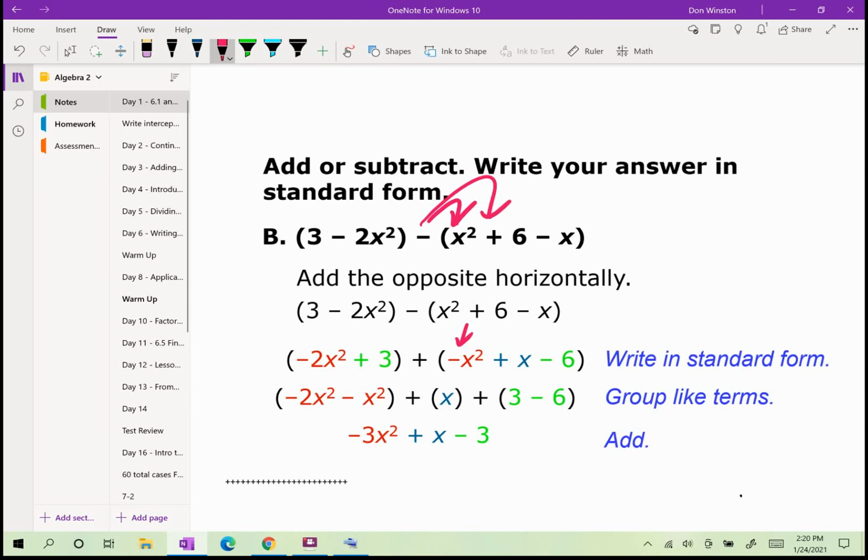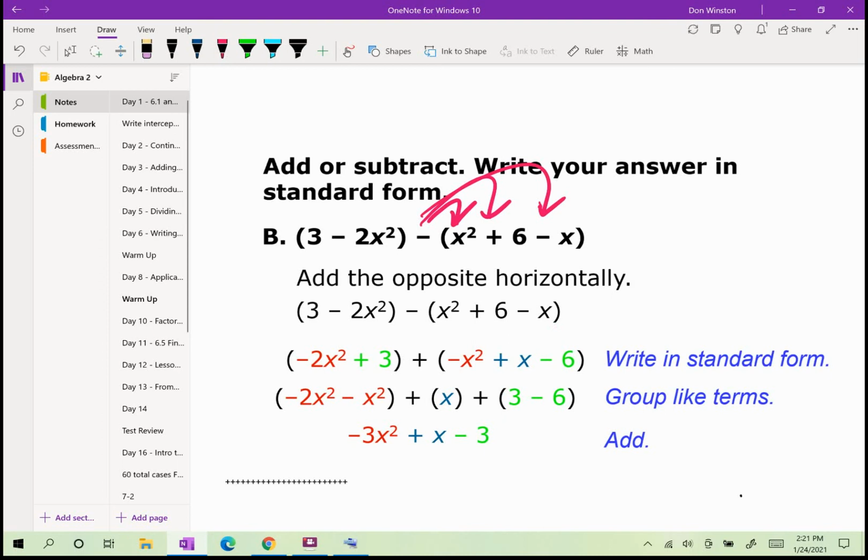A negative times a positive, okay, well they're writing this in standard form, so that would be -6. And a negative times a negative will give me a positive x. Okay, so distribute that negative and then add the opposite.